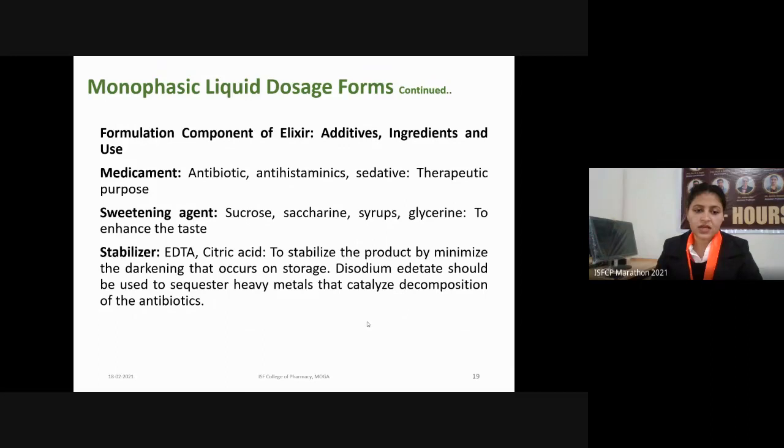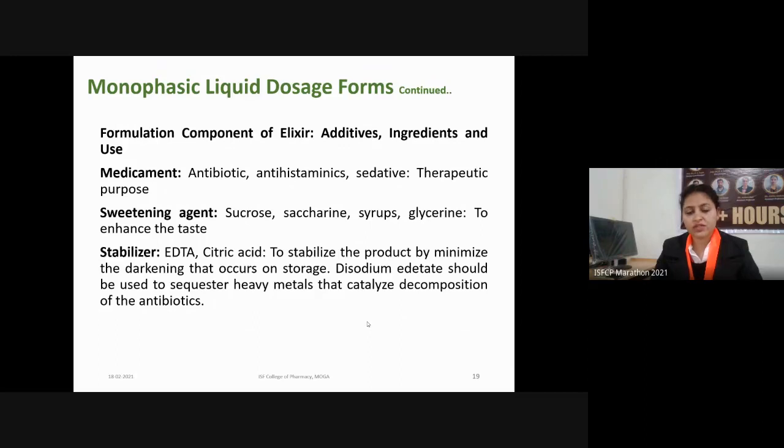The next excipient that we use in the preparation of elixirs is sweetening agents. Sucrose, saccharin, syrups, and glycerins can be used as sweetening agents in the preparation of elixirs. We can directly use sucrose or saccharin, or we can also use syrup.